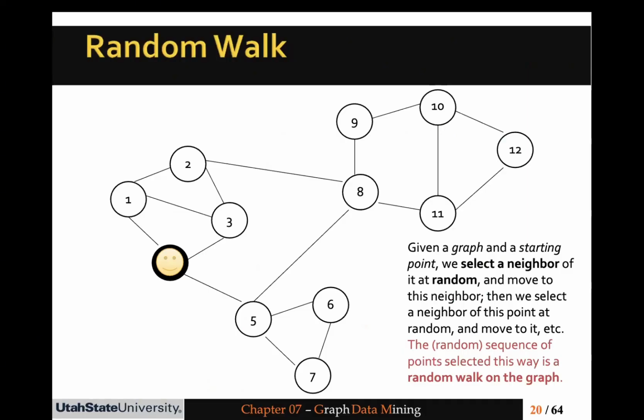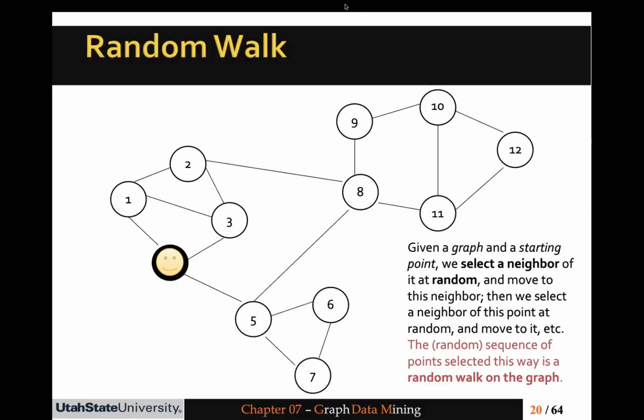For every single node in my network, what do I do? I just randomly walk starting from that node, and I perform multiple random walks of the same size. Let's say I start where the smiley emoji is, which is node number 4.